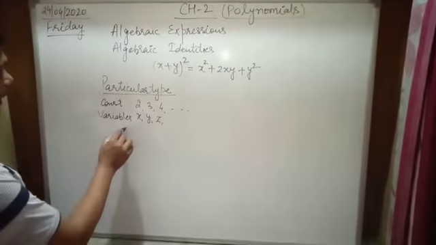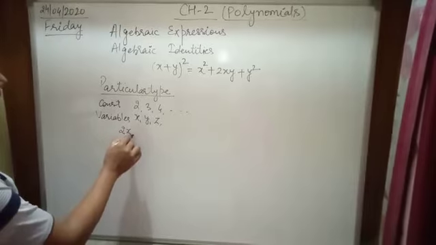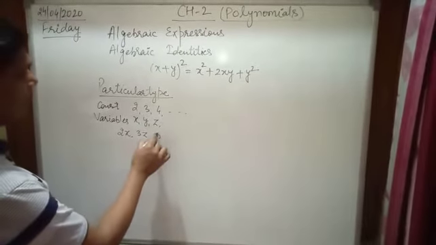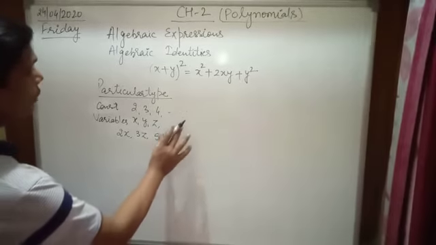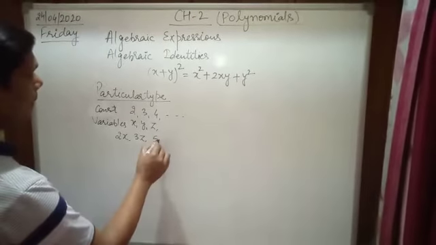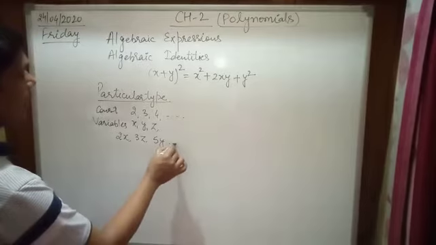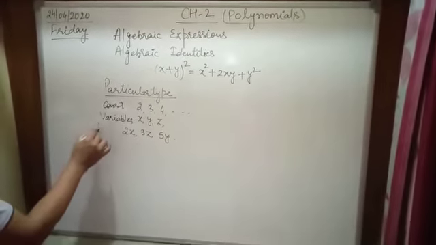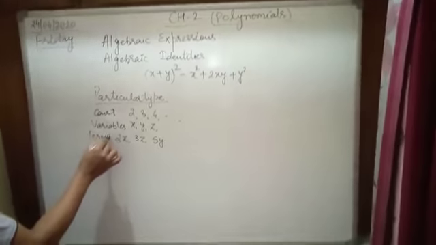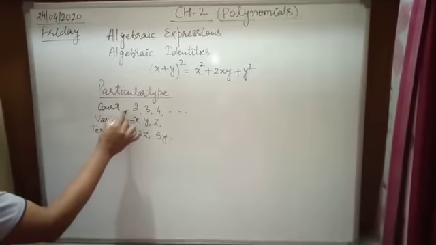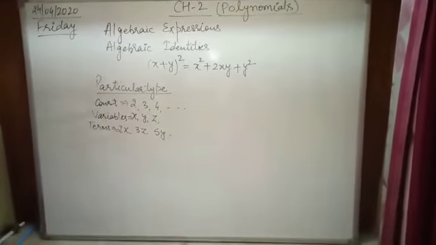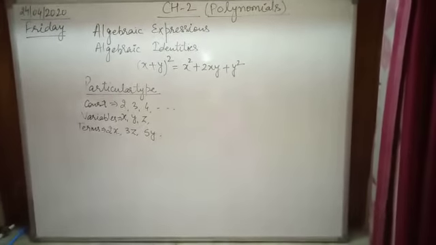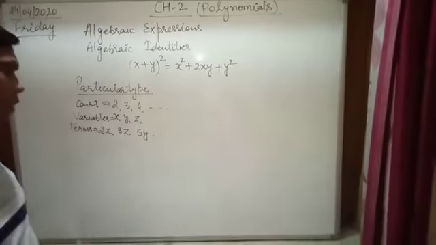If I am writing here 2x, 3z, 5z or 5y and so on, these all are the terms. Terms means a combination of constant with variable is called a term.